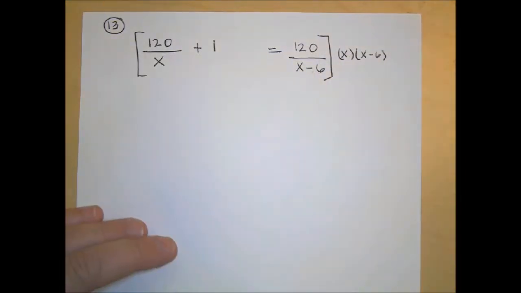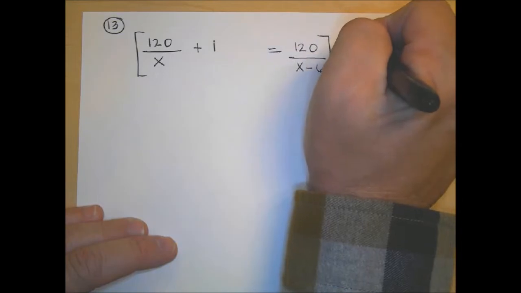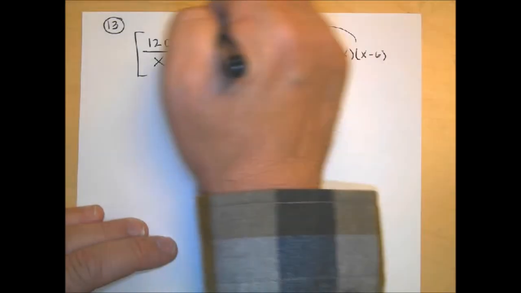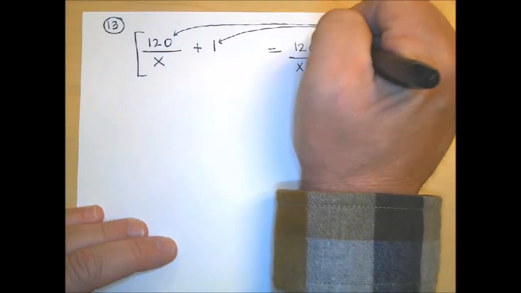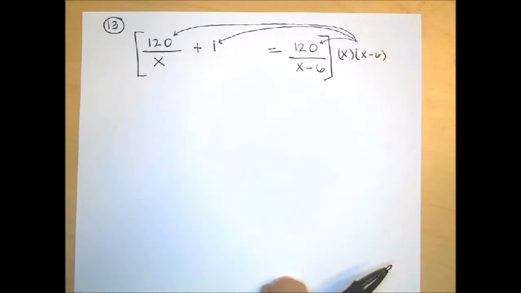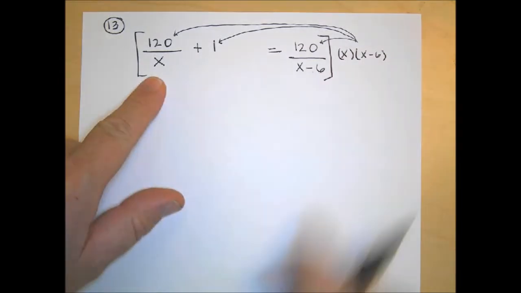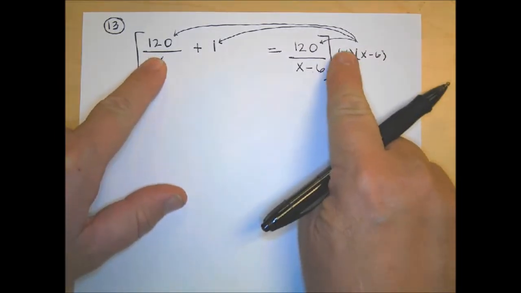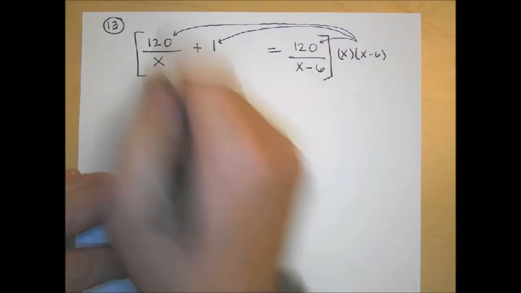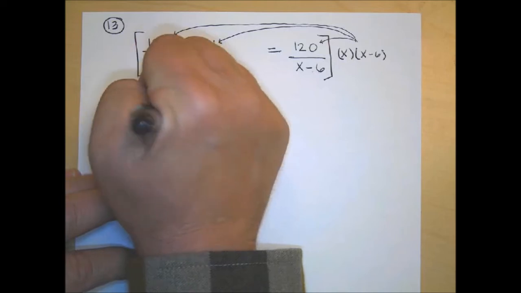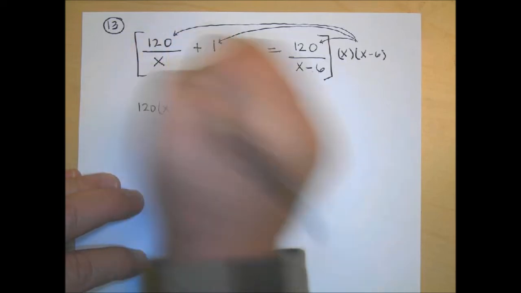So I'm going to distribute X times X minus 6 to all 3 parts of this problem. Now the first part already had a denominator of X, so that X and that X are going to cancel each other, and all I'm left with is 120 times X minus 6.